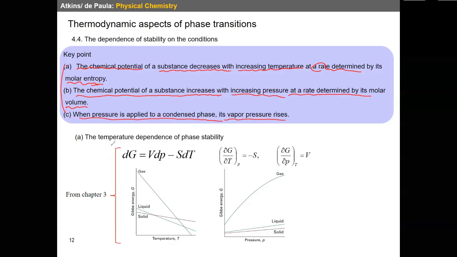In our previous slide, we learned the relation dG equals Vdp minus SdT.